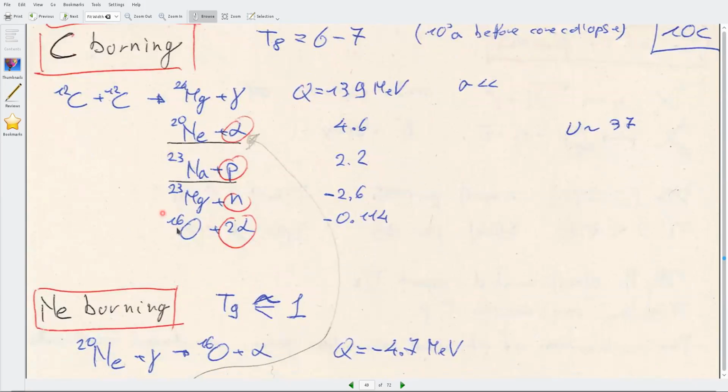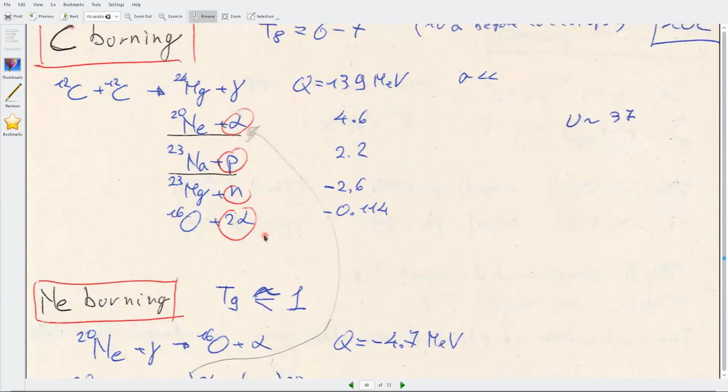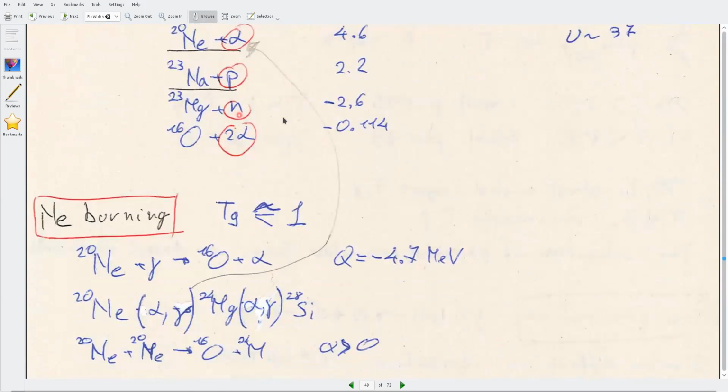And we have this possible reaction with production of energy or alpha particle, proton, neutron.